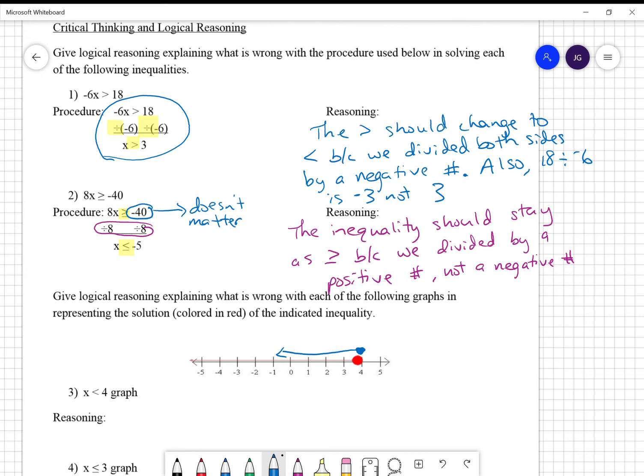It is incorrect because it shouldn't be a closed circle, it should be an open circle. My inequality is less than. A closed circle would be less than or equal to.